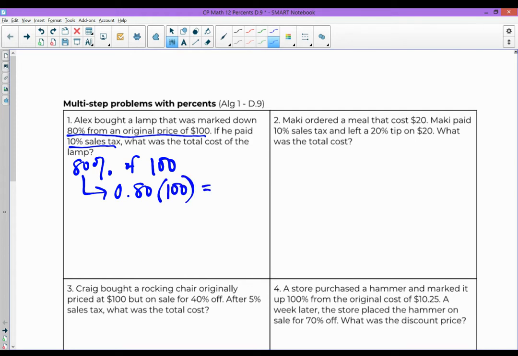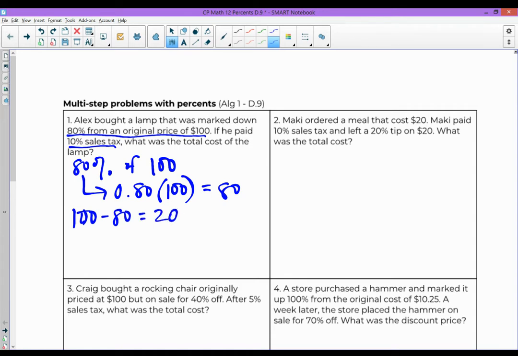If we multiply that together, that's 80. So it's $80 off. So then 100 minus 80 is 20.